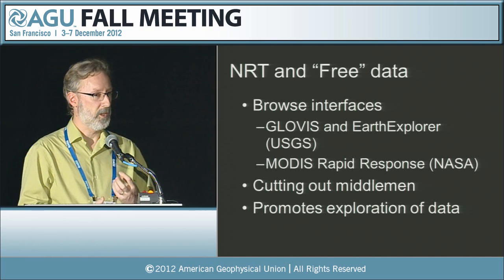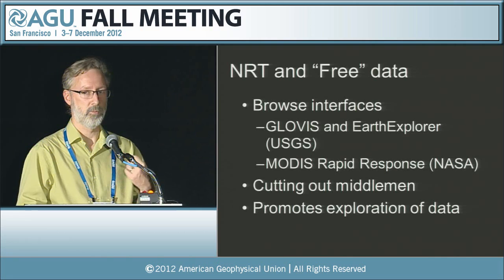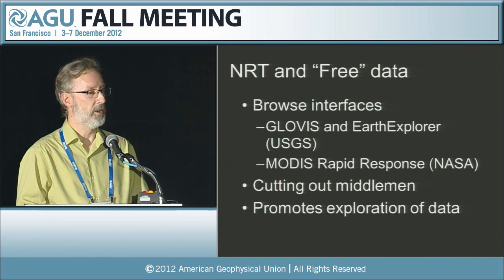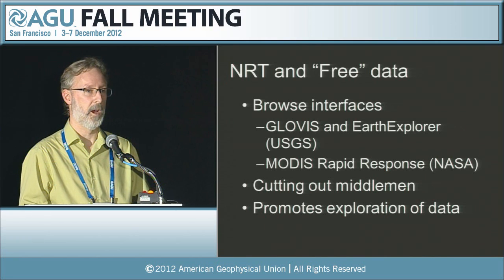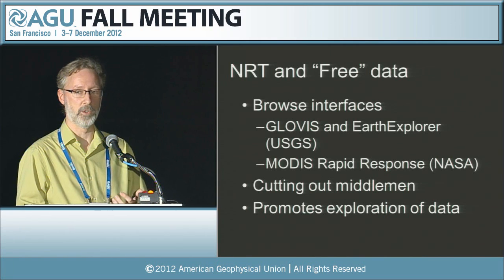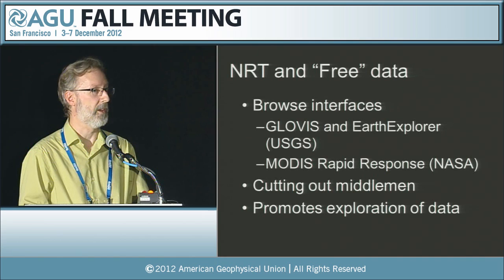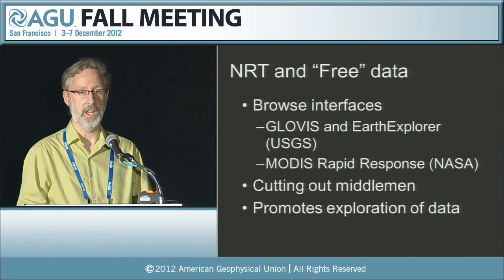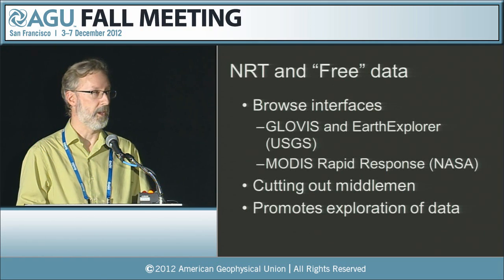So one of the things that's really benefited us and maybe the greater community is looking at near real-time and free data, having data available online, lowering the hurdles to data access, providing browse interfaces that give any user the ability to browse through these vast collections of imagery.